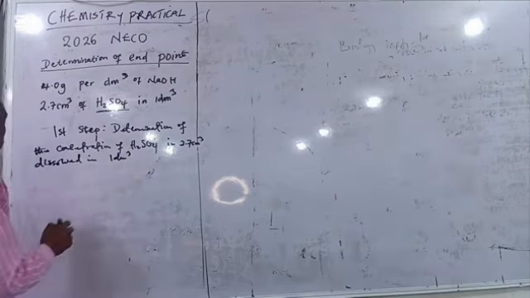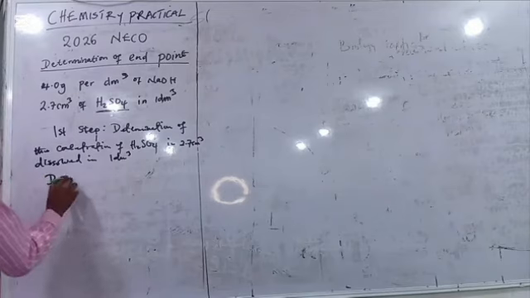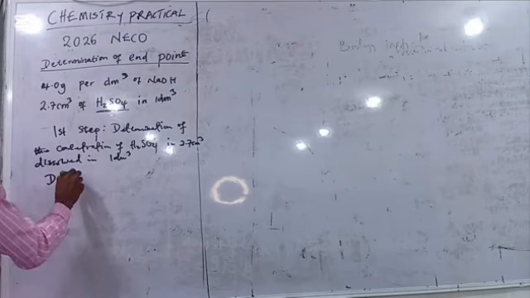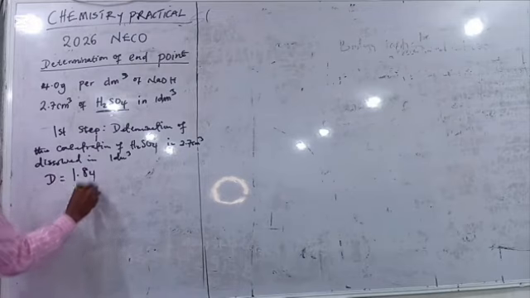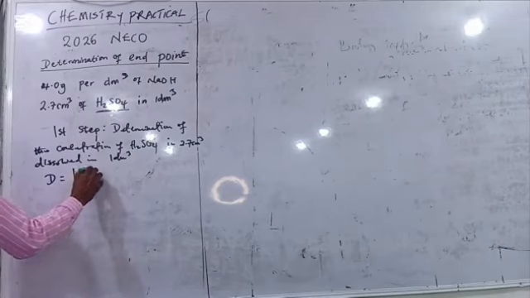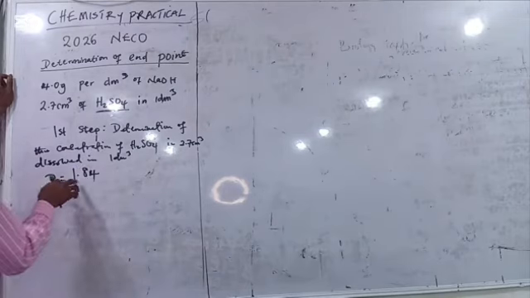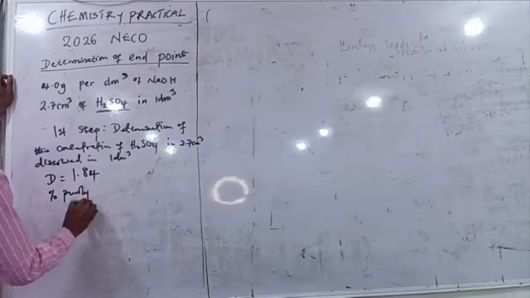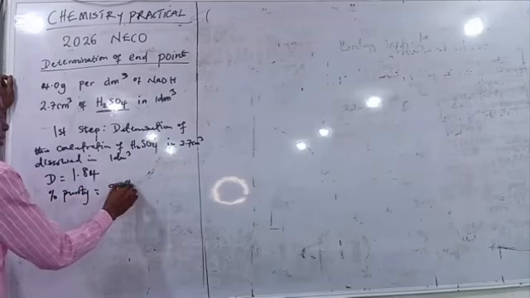For us to do that calculation, we need the density of H2SO4 in stock. So usually the density is 1.84. You will see it on the stock bottle. Then the percentage purity is usually 98%.